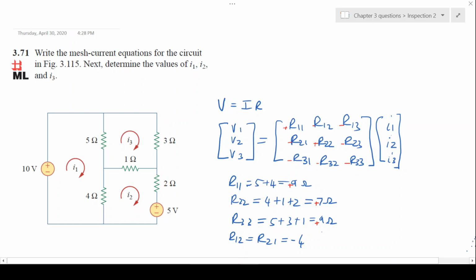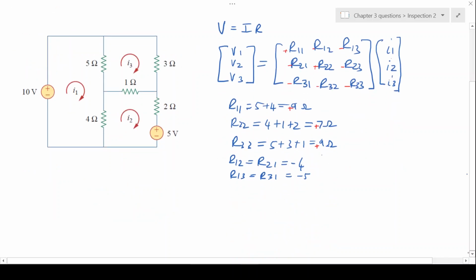Right, and then R13, which is equal to R31, will be the sum of resistances shared between loop 1 and loop 3, that will be minus 5. And then finally, R23, which is equal to R32, will be the sum of resistances shared between loop 2 and loop 3, which is the 1 ohm resistor.